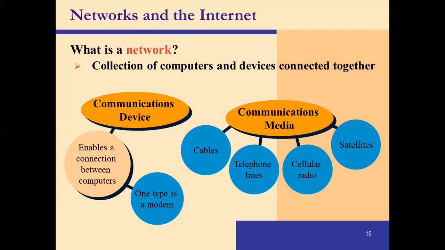When I make a call from here, it sends a signal to the cellular radio station, either they have a Wi-Fi system or a tower in the area that sends the signal forward, so that I can be connected to the other person who is available on the network.